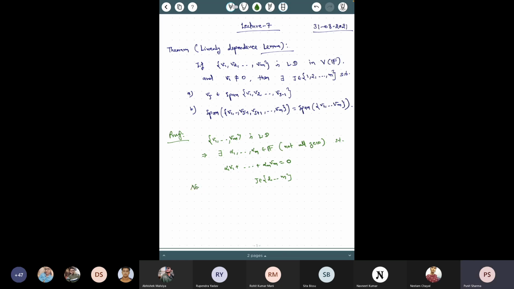Now choose the largest j in 2 to m such that alpha j is not equal to 0. Why does such a j exist?